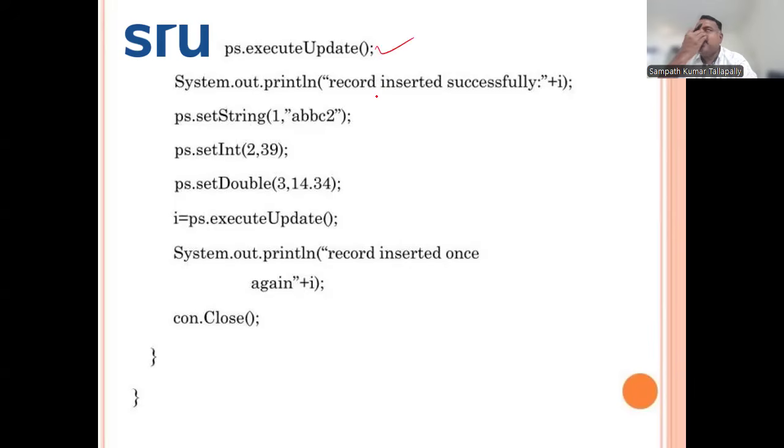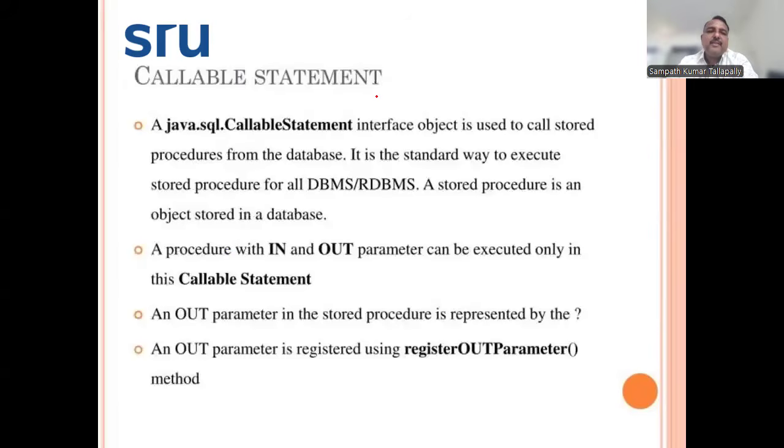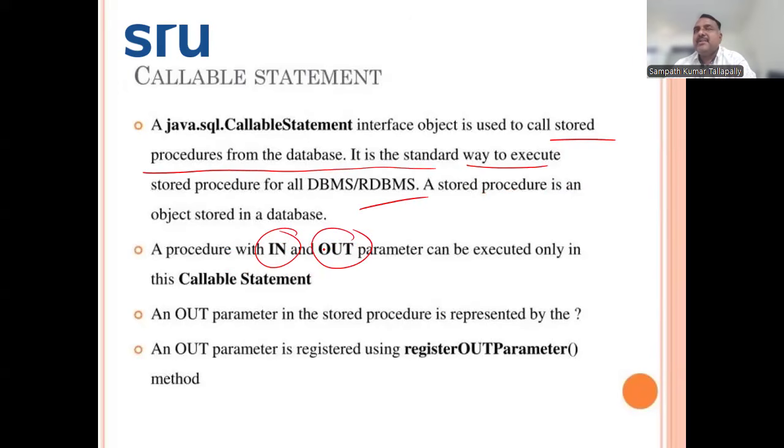Whenever I want to perform updating, as I said, we are going to insert things into the database, so obviously we use the update method. Then CallableStatement. As I said, whenever I want to call the stored procedures from the database, we use CallableStatements, where we have in parameters and out parameters to communicate with the instructions in these functions.